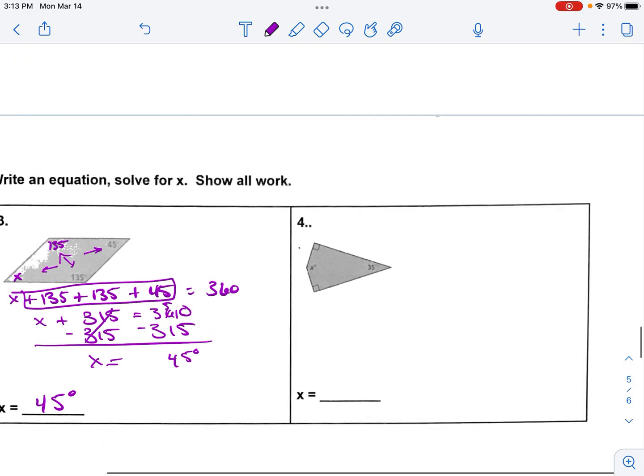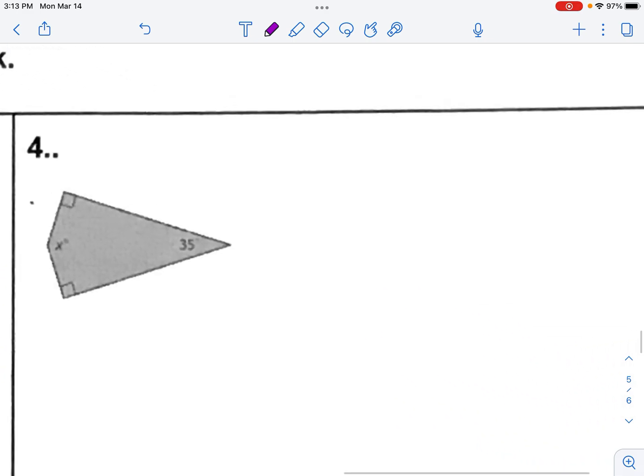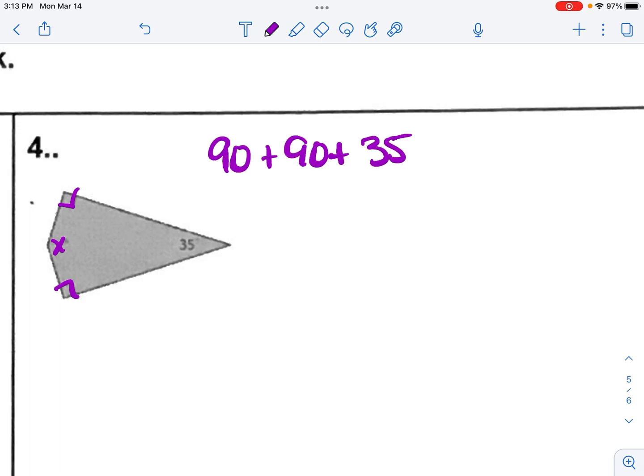Number 4, again, 4-sided figure, all 4 angles must add up to 360. X is here, this box and this box, those are right angles, so 90 plus the 35 plus the unknown needs to be equal to 360.